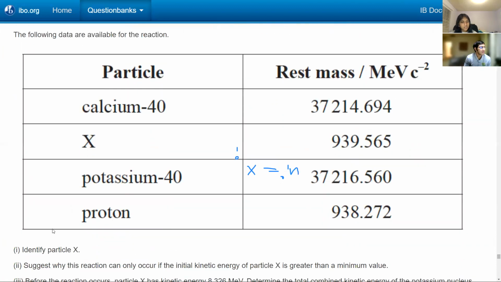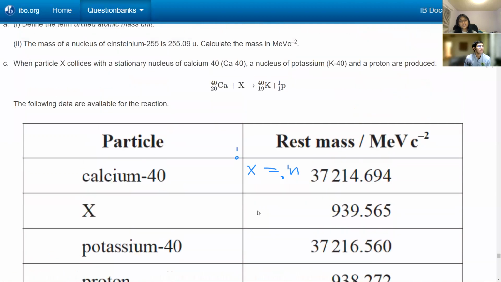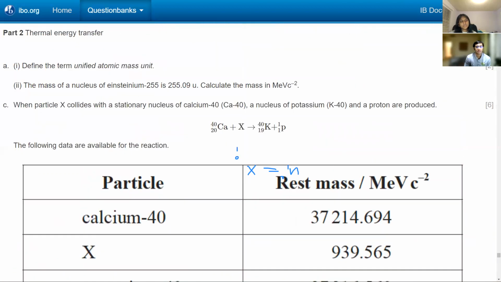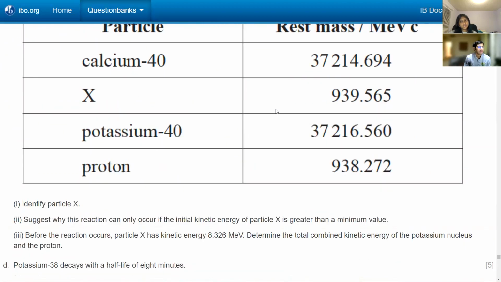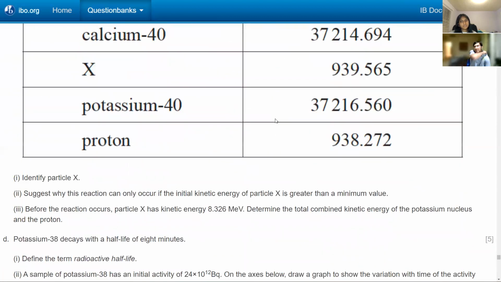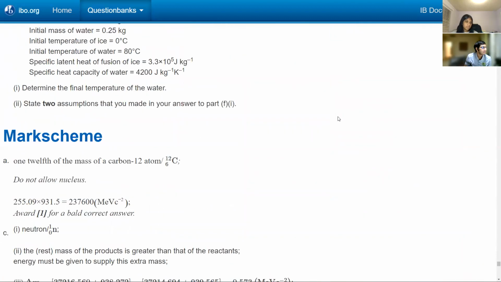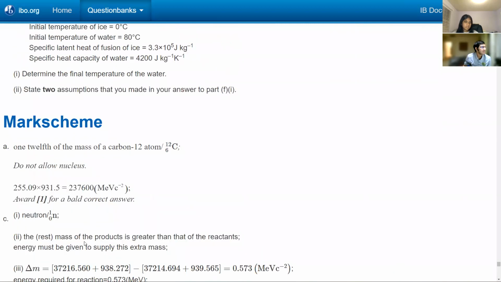Yeah, it has to overcome the energy difference due to the mass defect. What does it say? The rest mass of the products is greater than that of the reactants, so energy must be given to supply this extra mass.